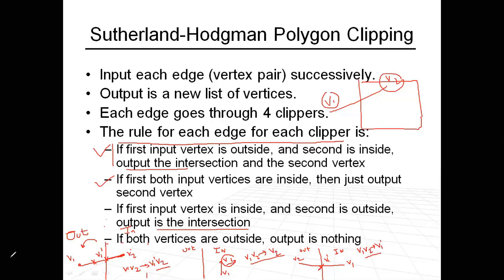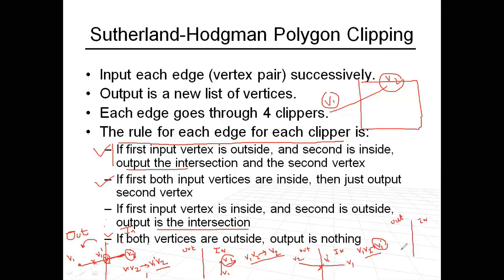So when we are moving outside to inside, the intersection as well as the inner point is saved. When we are moving inside to outside, only the intersection point is saved. And the last one: if both vertices are outside, the output is nothing.